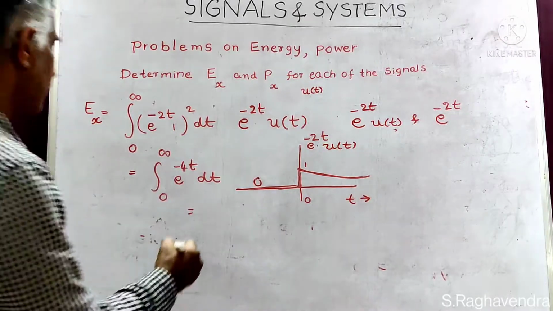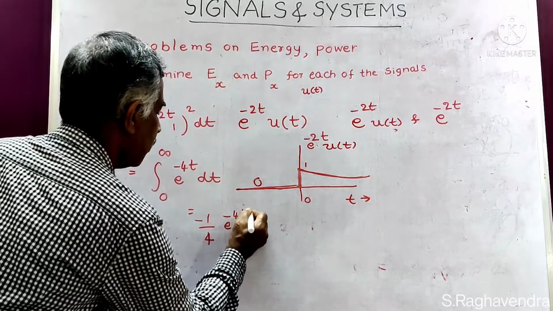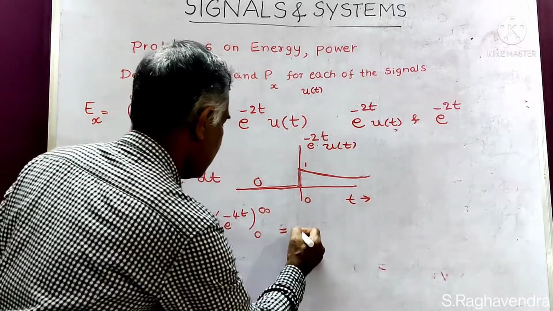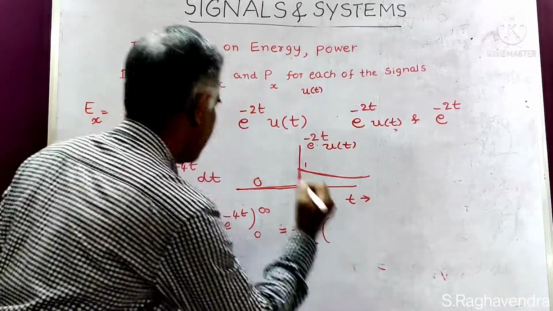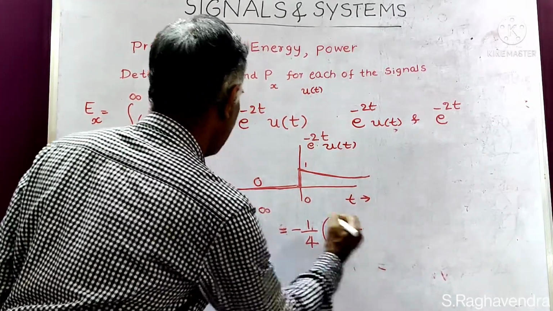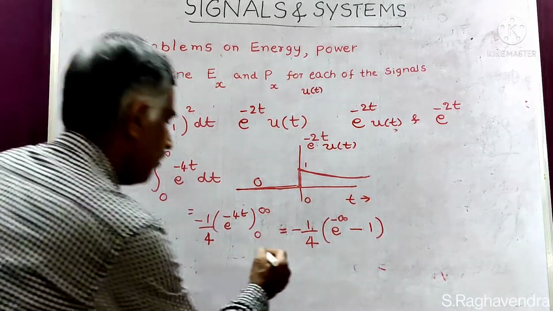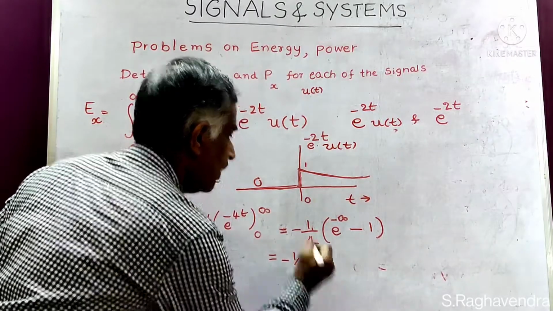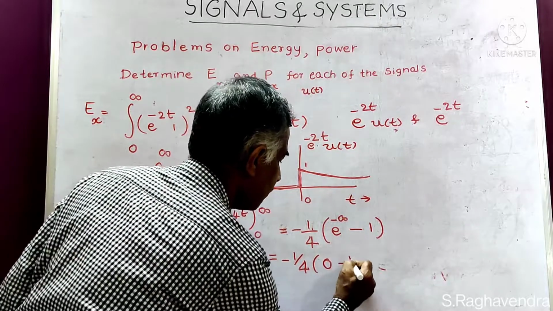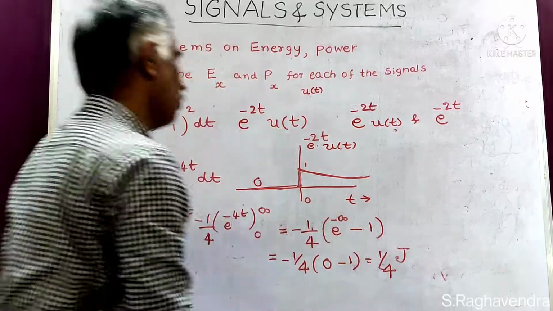On doing integration, minus 1 by 4 e power minus 4t from 0 to infinity equals minus 1 by 4 times (e power minus infinity minus e power 0, which is 1). e power minus infinity is 0, so minus 1 by 4 times minus 1 equals 1 by 4. So 1 by 4 joules.